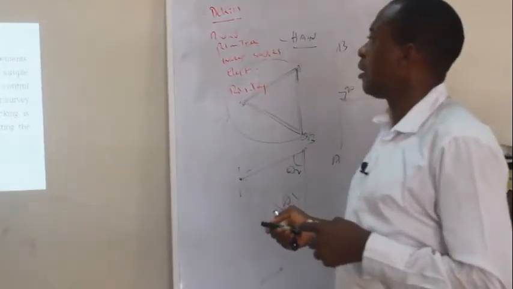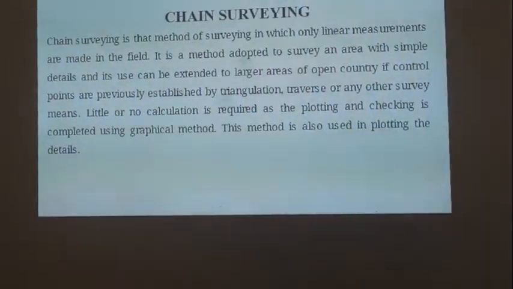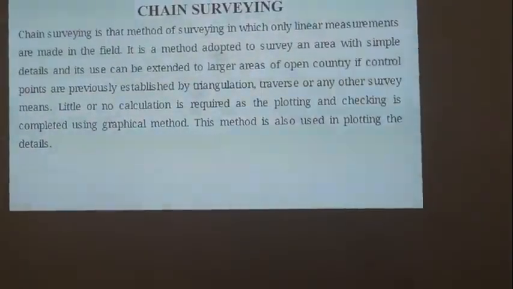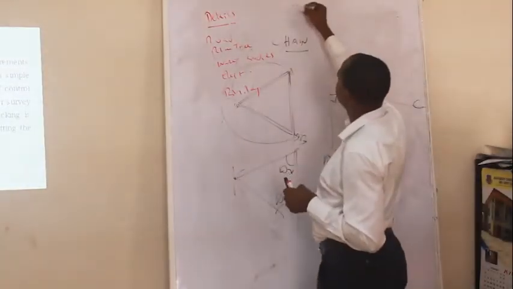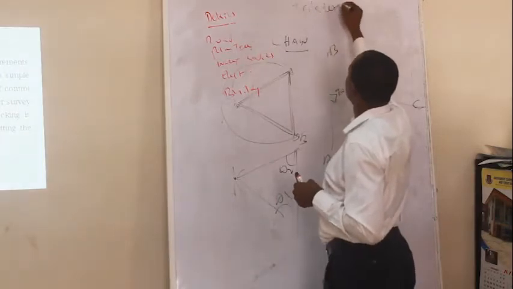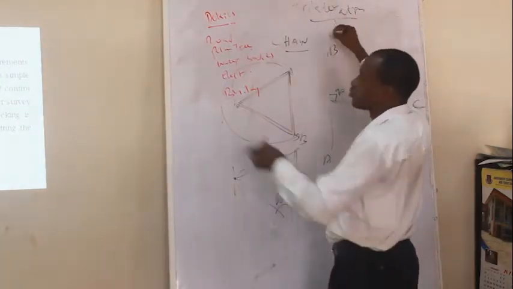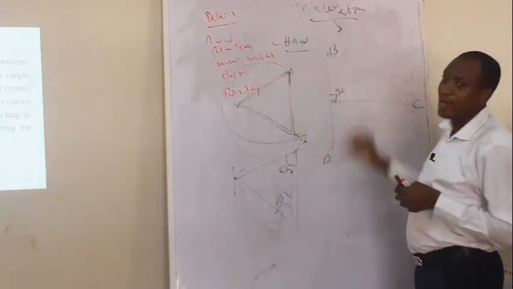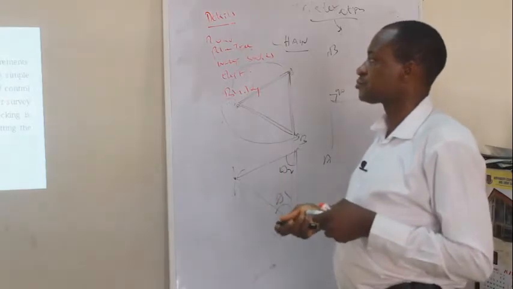So if you are fixing positions, you can fix them by triangulation, traversing, another means. Trilateration. Trilateration is a method whereby you only measure the lateral. And that is also very close to this chain surveying method, where you carry out only purely distance measurement.